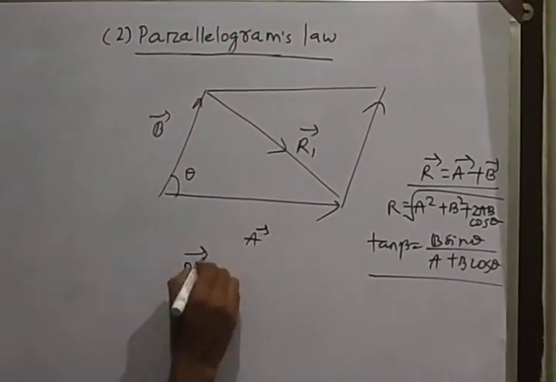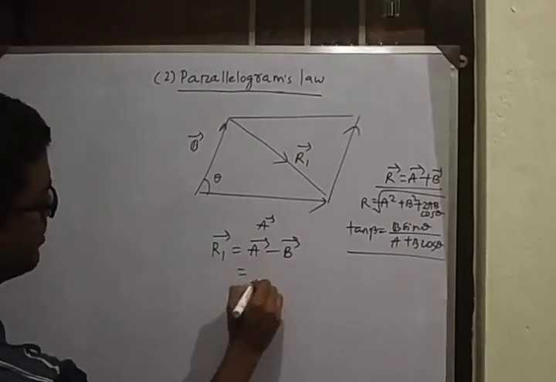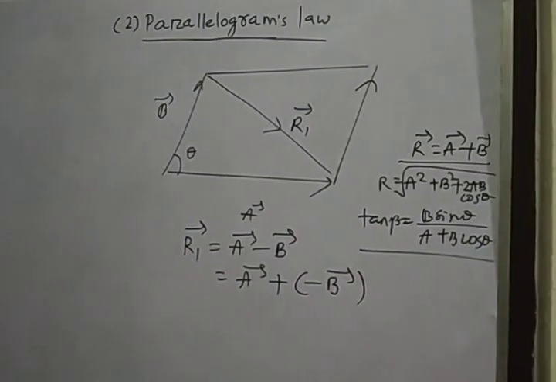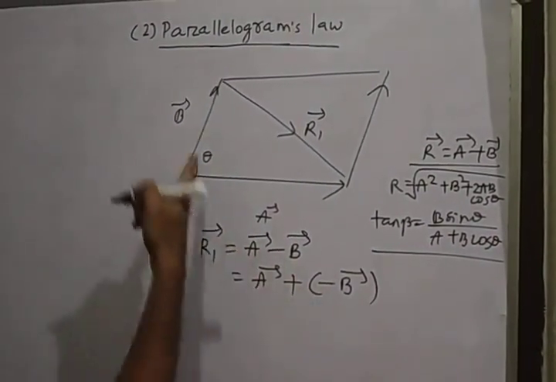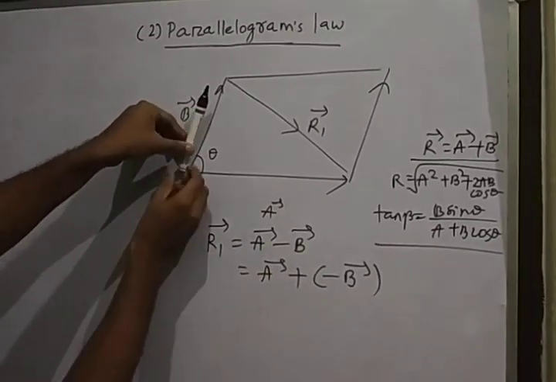Already I have discussed that R1 vector will be A vector minus B vector. I can write R1 vector as A vector plus minus B vector. So what I'll do, I'll reverse this B vector to minus B vector. Look at the diagram. This is my B vector.